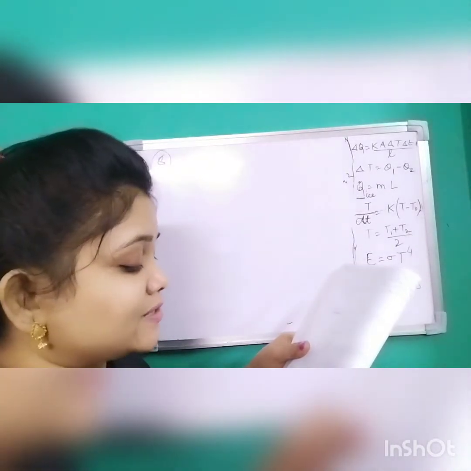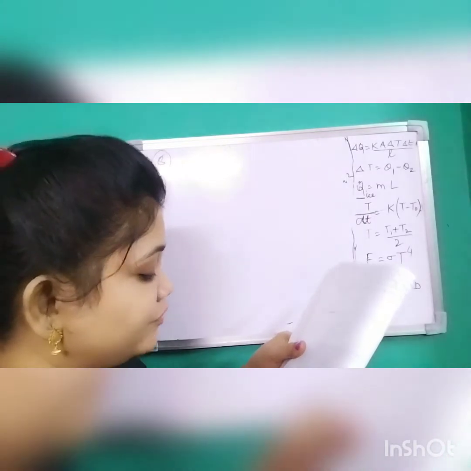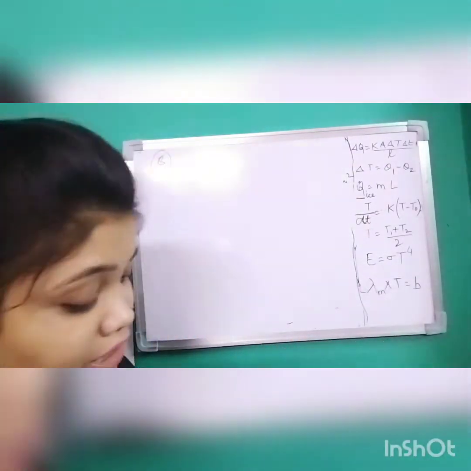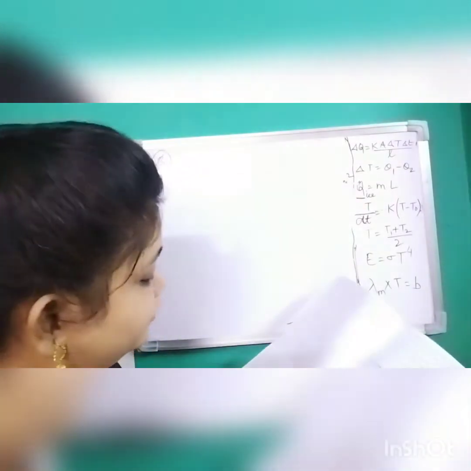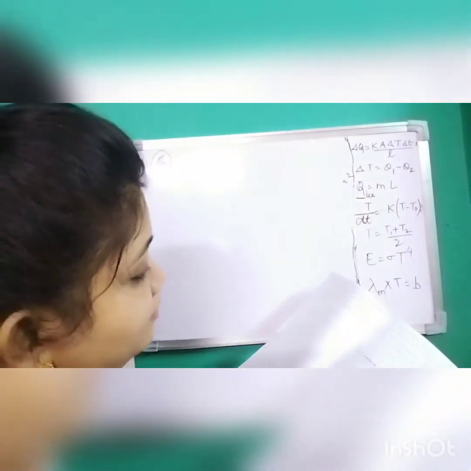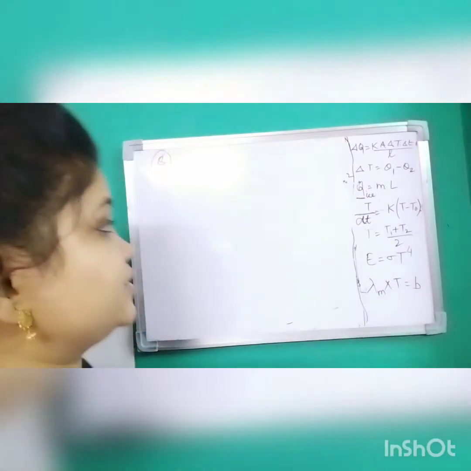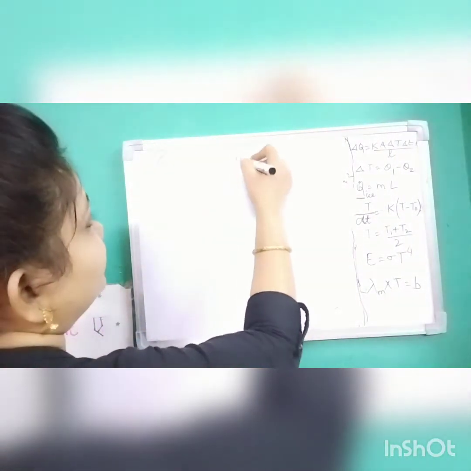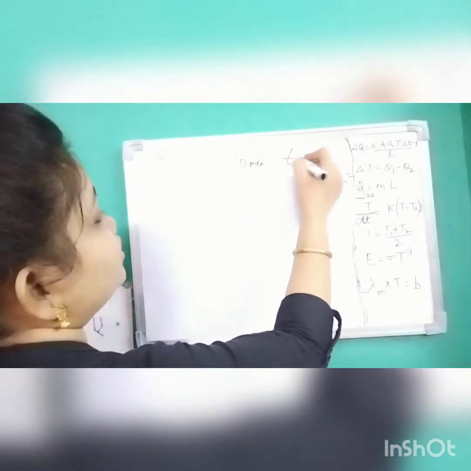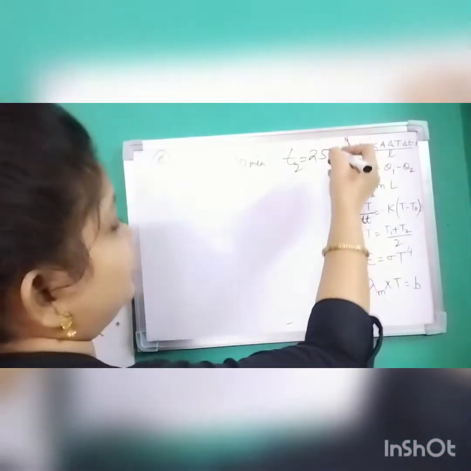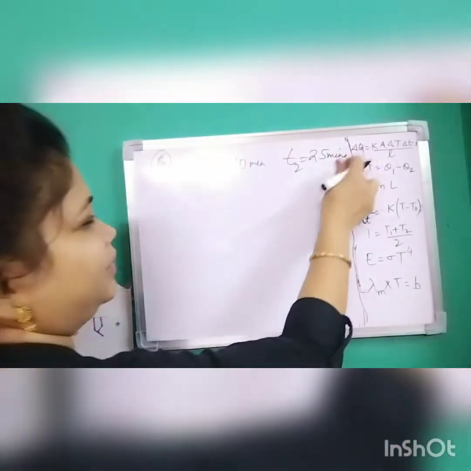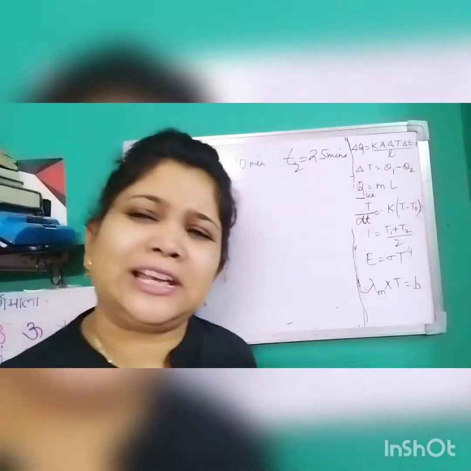If the ice melts in 10 and 25 minutes respectively, then compare the coefficient of thermal conductivity of the material of the vessel. So T1 is given as 10 minutes, T2 is given as 25 minutes. Since both are in minutes, we are not converting into seconds, let it be in minutes only.